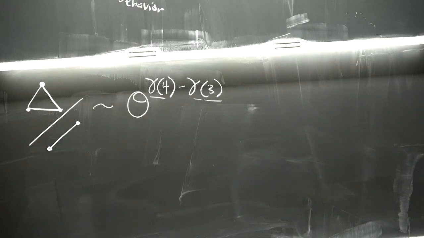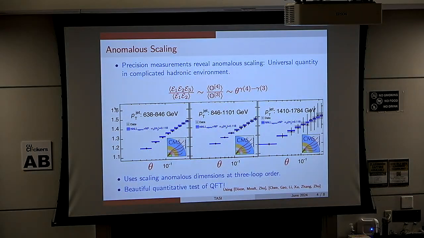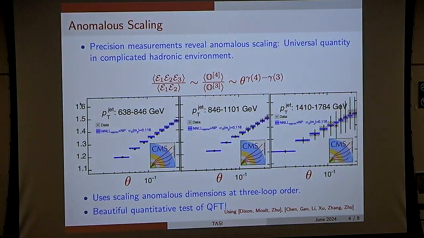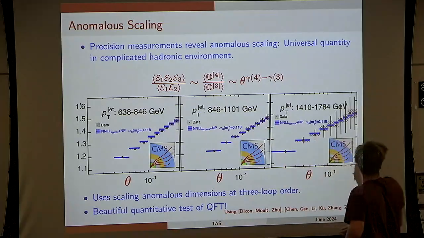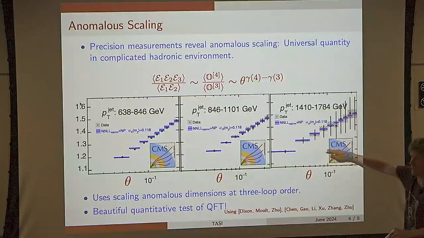And so if you go and do this in real world data, what you see here is an actual measurement by CMS of this particular ratio inside extremely high energy jets. And so it's plotted as a function of the energy of the jets shown here. And then what one is doing is measuring exactly this particular ratio inside those high energy jets. And so in the classical theory, this would be exactly flat.